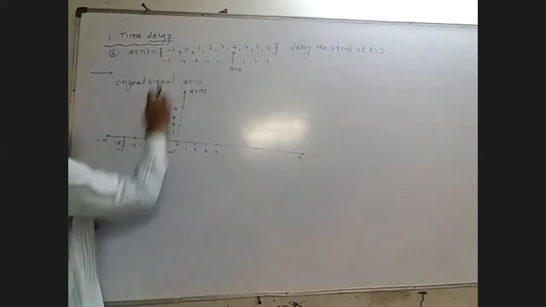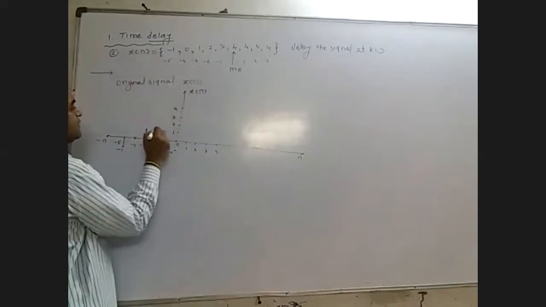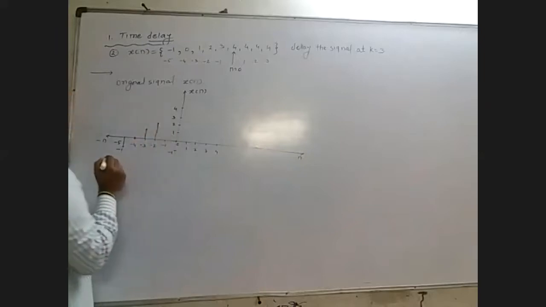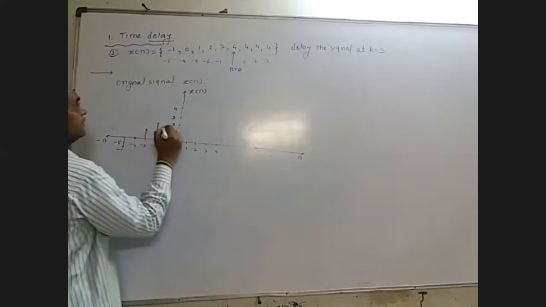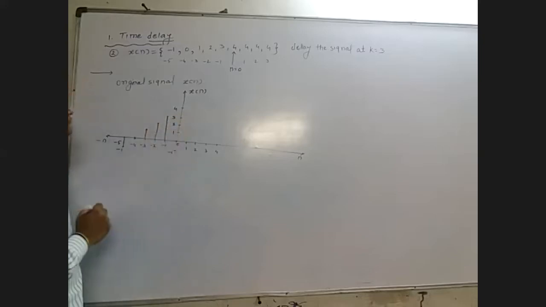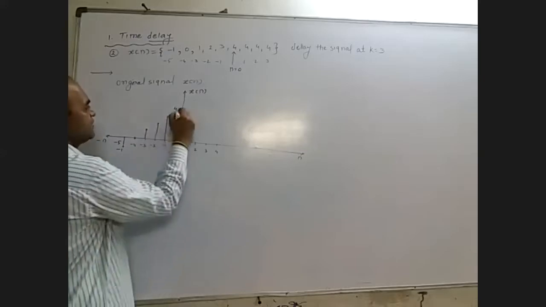Similarly, at -2, its amplitude is 2. At -1, its amplitude is 3. At n is equal to 0, it means x of 0, its amplitude is 4.